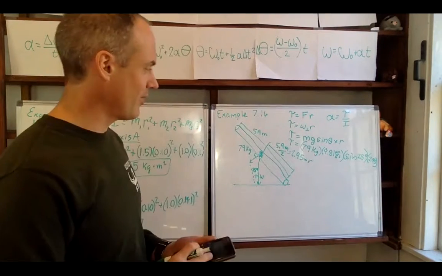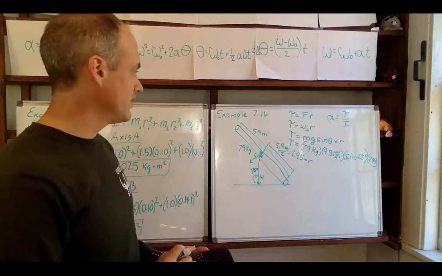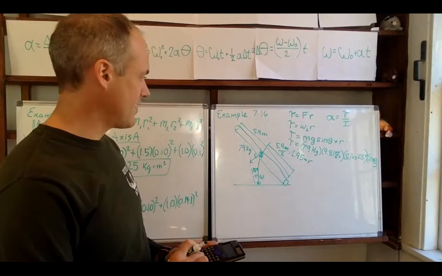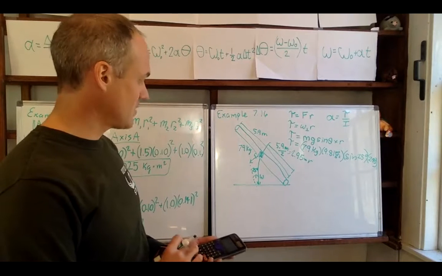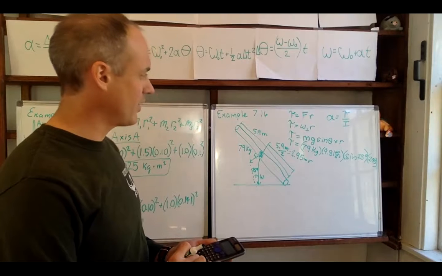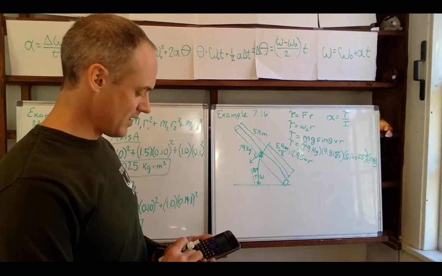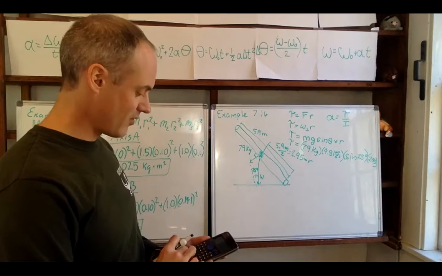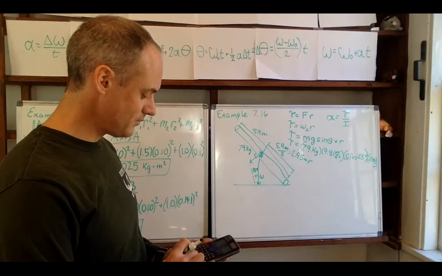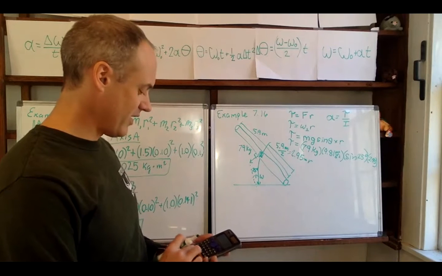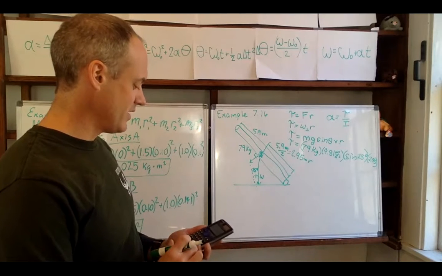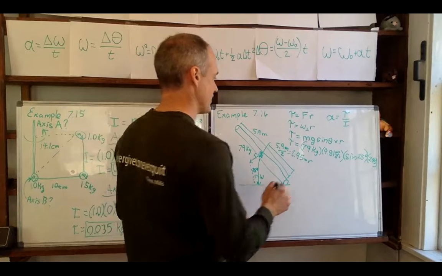Ran out of room there, but the radius is in meters. All right, let's see how we did. We have 79 kilograms times the acceleration of gravity, 9.81, times sine of 25 degrees, multiplied by our radius in meters, which is 966.